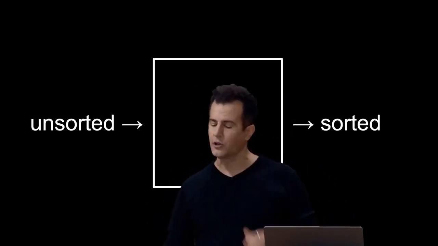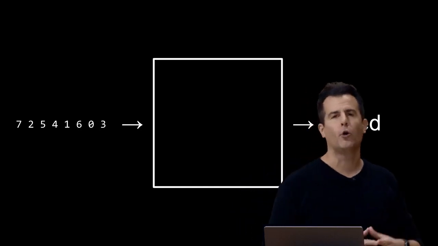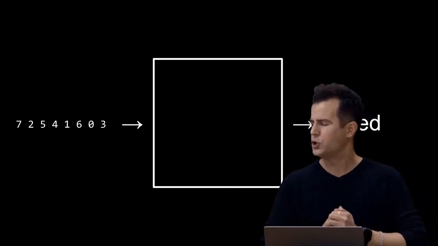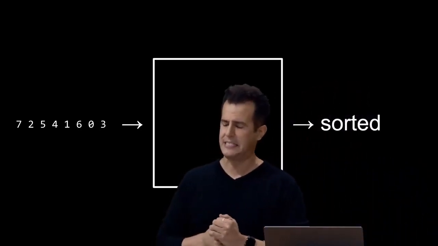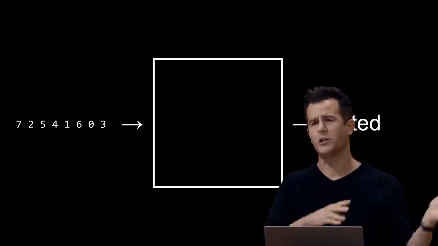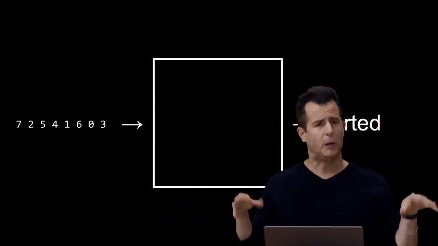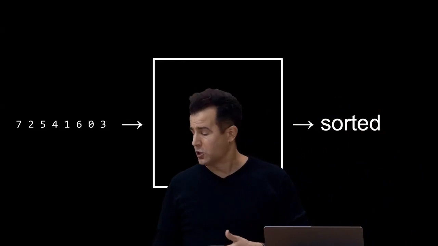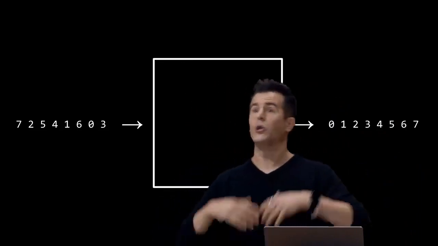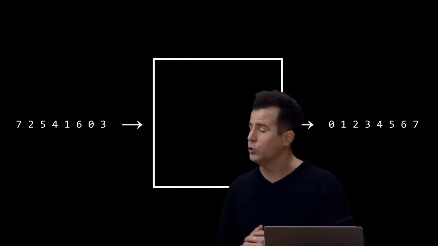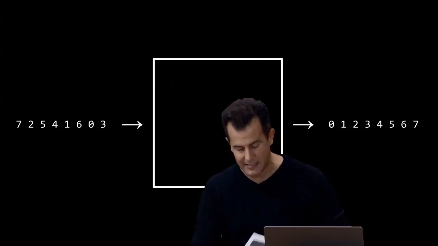Concretely, let's suppose that we want to sort this list of numbers: 7, 2, 5, 4, 1, 6, 0, 3. So it's all of the numbers from 0 to 7, but they're somehow jumbled up randomly. That's the input to the problem, and the goal is now to sort those so that you indeed get out 0, 1, 2, 3, 4, 5, 6, 7 instead.